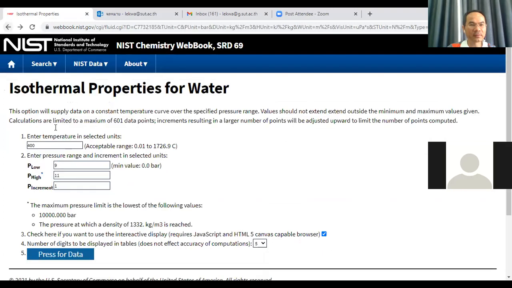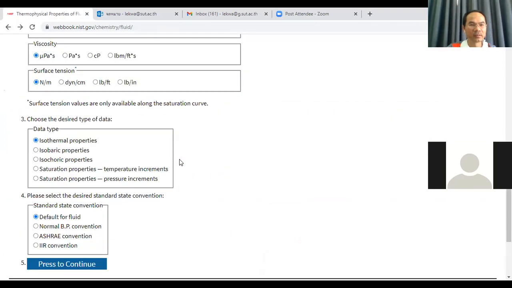Okay, for the first question, you can use the table that I give you in the textbook, or you can use the reference from the World Wide Web. From the first, we calculate the vapor pressure, specific volume, specific internal energy, specific enthalpy, and specific entropy of saturated steam at 133.5 Celsius.